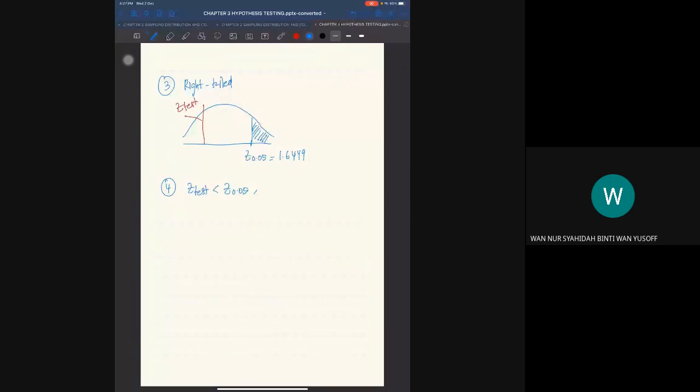Can we write accept H0? No. We write do not reject H0. We cannot write accept H0; the correct one is do not reject H0. So what happened to the claim?